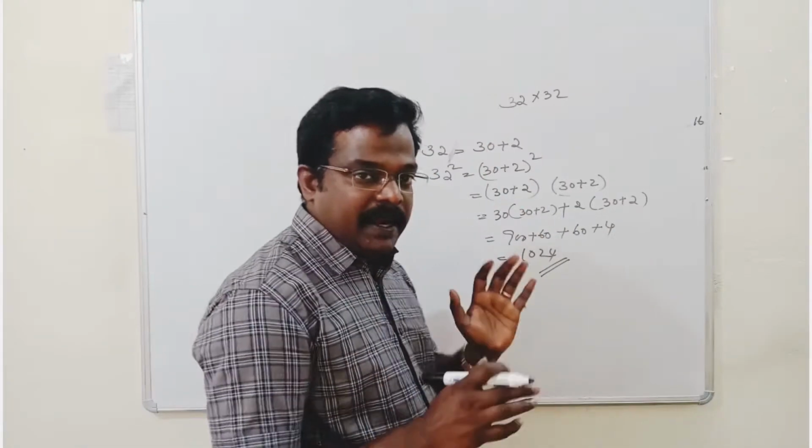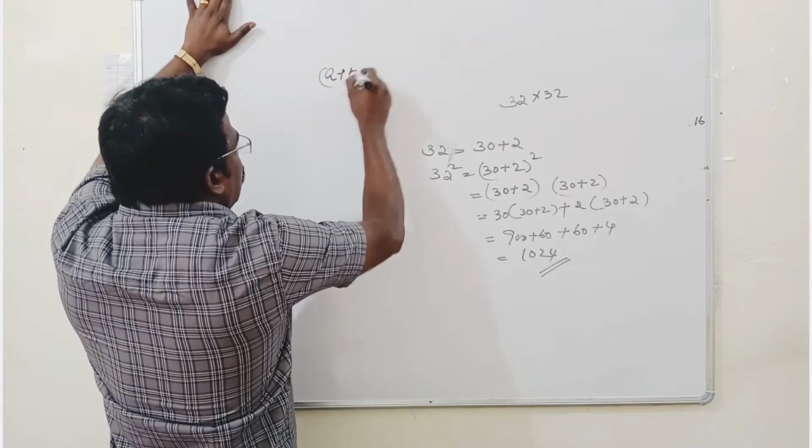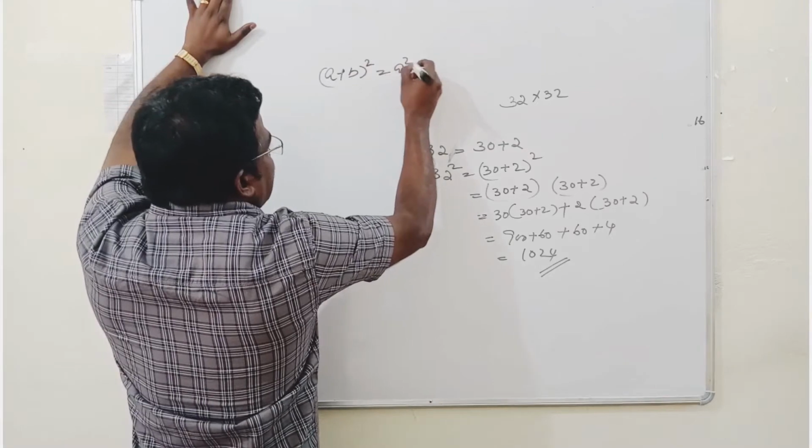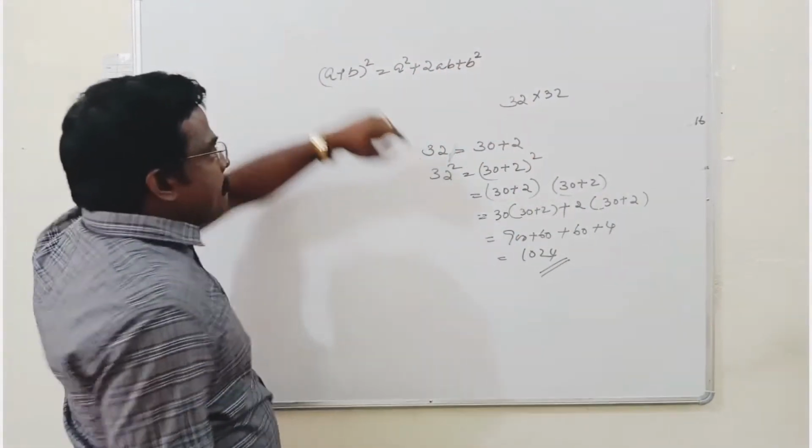If we use one identity, you know that (a plus b) whole squared equals a squared plus 2ab plus b squared.